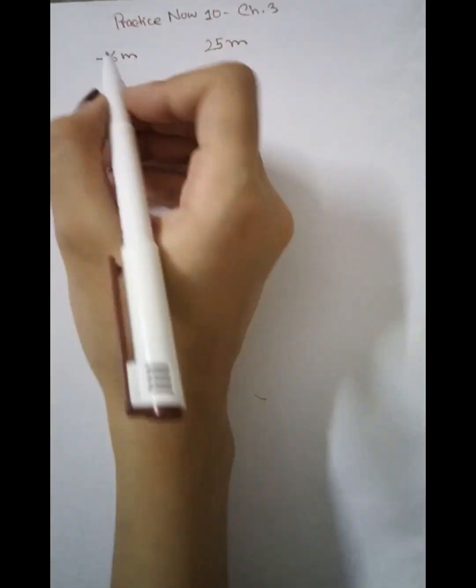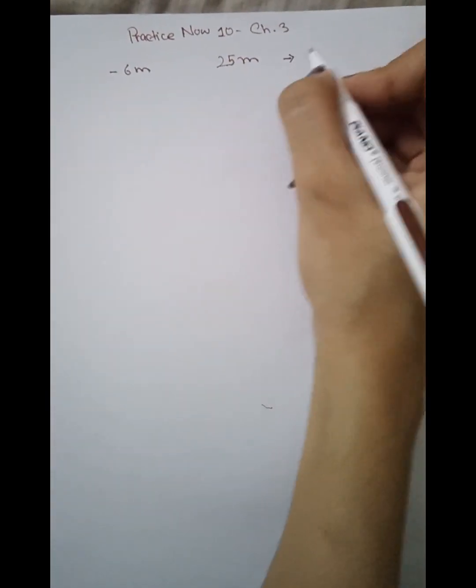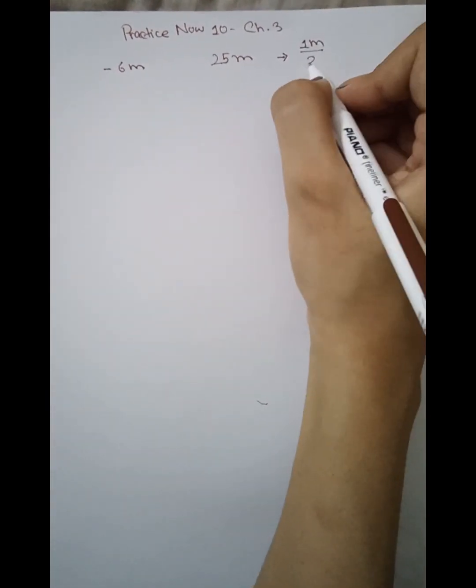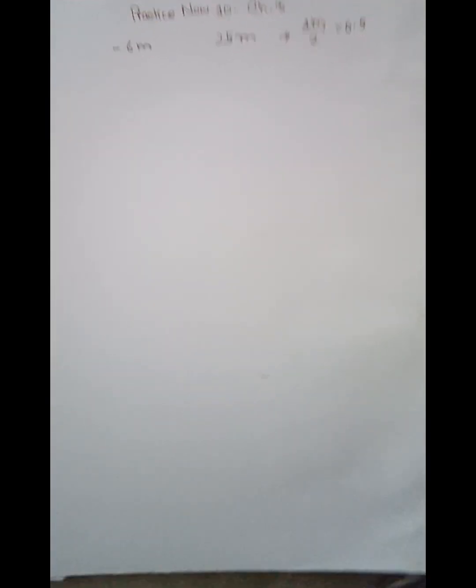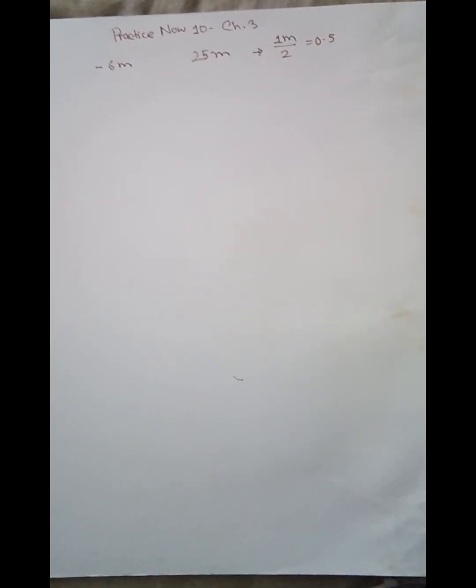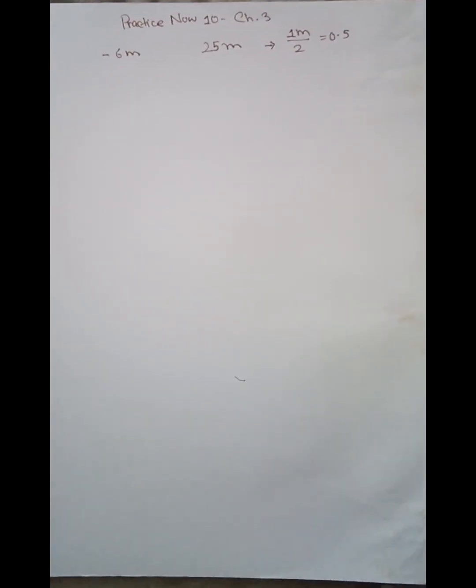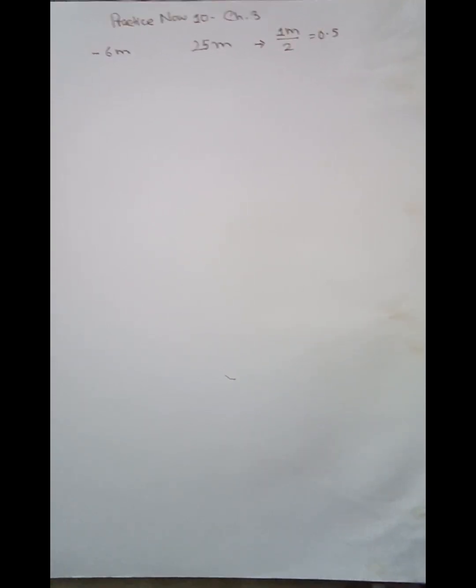That means 1 meter, and as I told you earlier, 1 meter has to be divided by 2 to give me 0.5. Every value that they give you, in order to find the upper bound and lower bound, you're supposed to take the value, divide that by 2, and then with the answer you get, subtract and add that. So 1 divided by 2, I get 0.5.